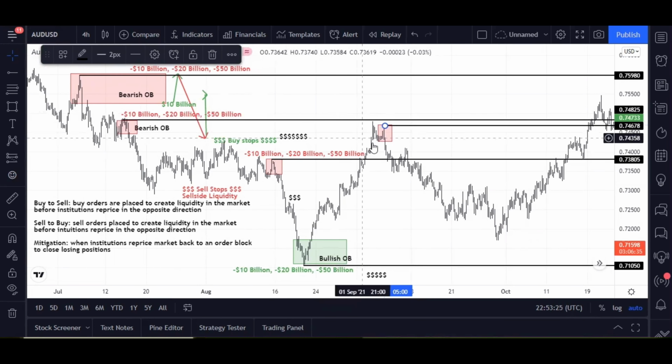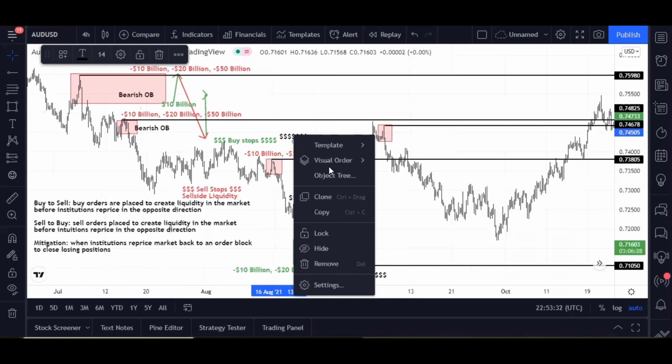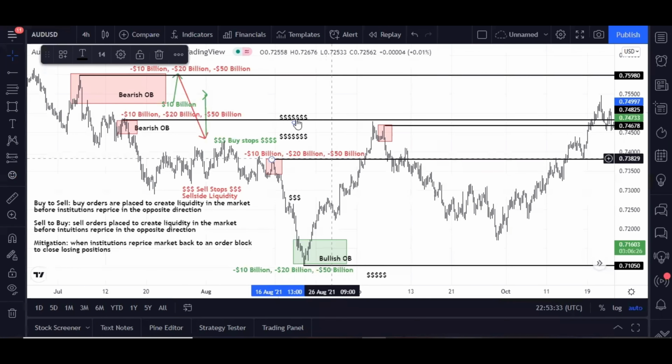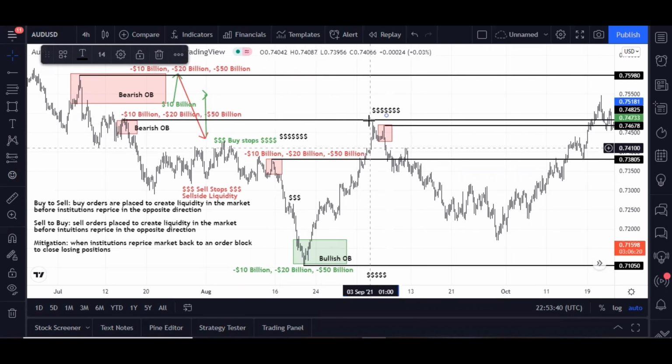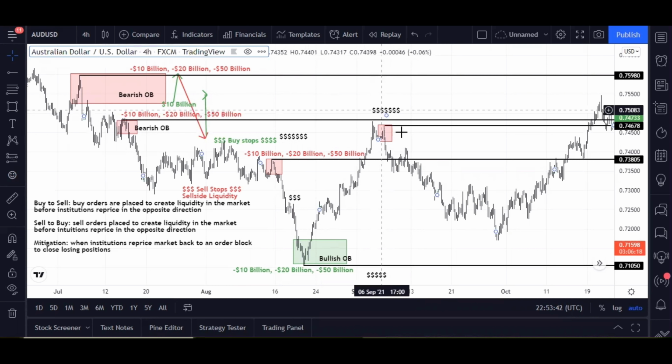We tap into these buy stops here once, took them out. So now we have buy side liquidity that rests up here above these highs, because that's where buy side liquidity rests above highs. We have equal highs here as well that the market will run on. And they did just that. They tap right into this pool of liquidity up here, mitigating this bearish order block up here.